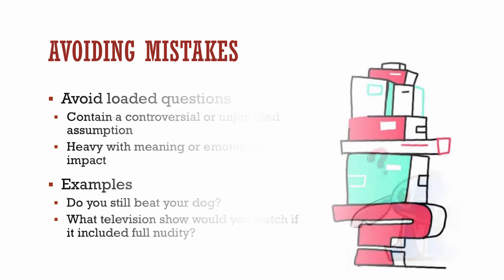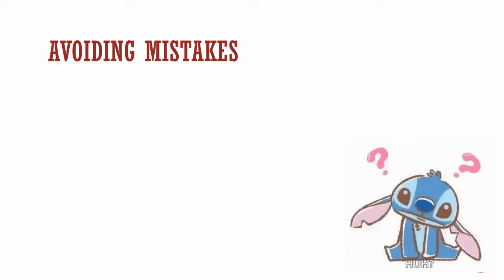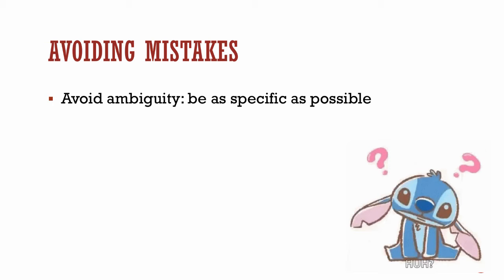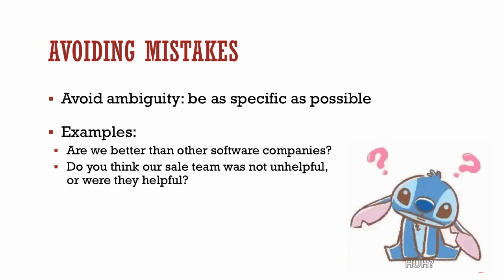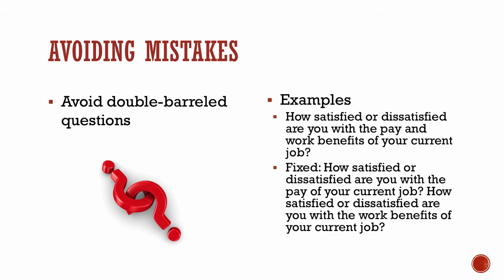Two other common problems are item ambiguity and double-barreled questions. Here are the examples showing ambiguous questions. A double-barreled question asks two or more questions at the same time.